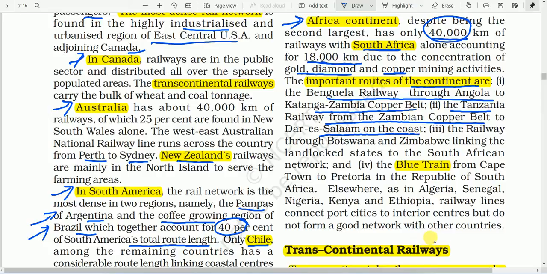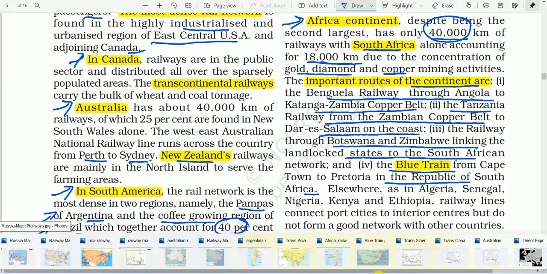Then the railway through Botswana and Zimbabwe, linking the landlocked states to the South African network. So these are important ones. And the fourth one is the Blue Train from Cape Town to Pretoria in the Republic of South Africa. I will show you a map here.